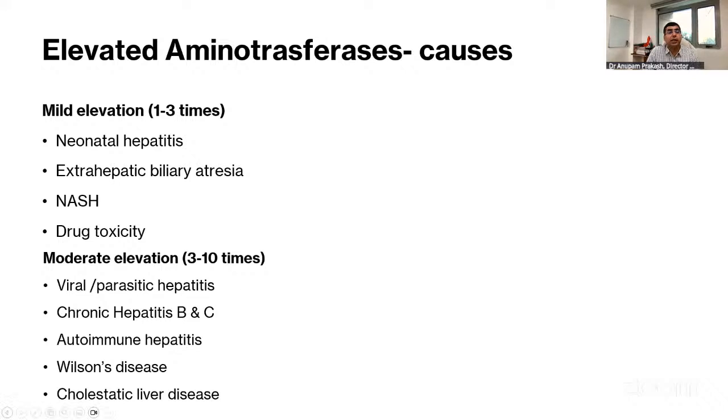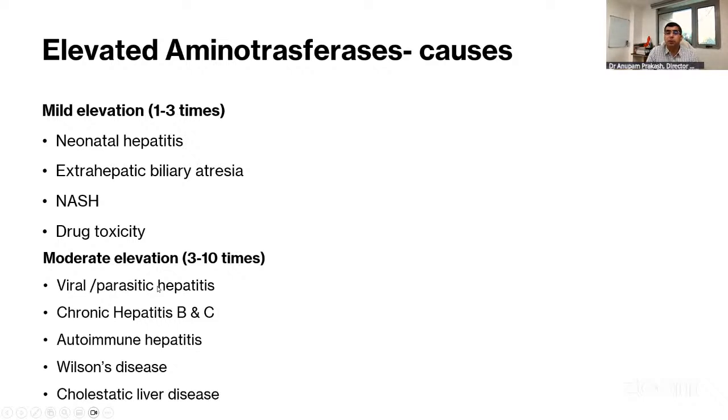The second category is moderate elevation. Now, this is also very commonly seen, but these patients usually you have to admit or work up, and then you have to see whether you can discharge them if the AST and ALT have stabilized. So viral hepatitis, very common. Summers are coming. We will have a greater incidence of these patients.